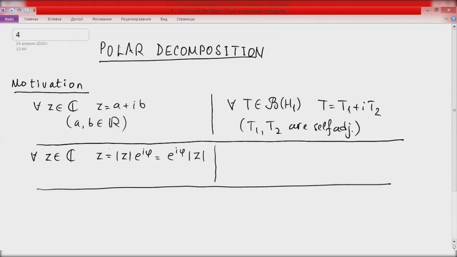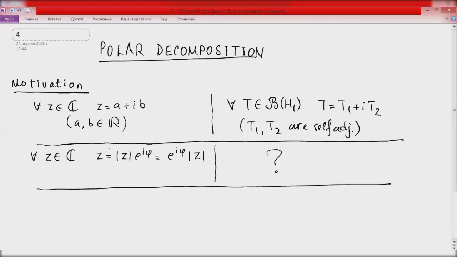So now our natural question is: is there an operator analog of this formula? And it turns out that the answer is yes. So our goal will be to show that the answer is yes.